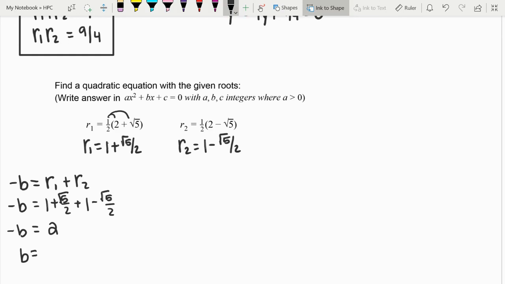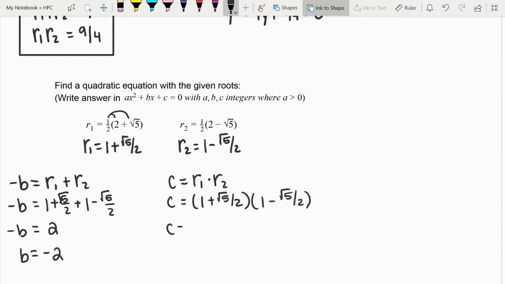So b equals -2. Okay, then we know that c is going to be equal to the product, so root 1 times root 2. So I have 1 plus the square root of 5/2 times 1 minus the square root of 5/2. So c is going to equal 1 minus 5/4. So c equals -1/4.